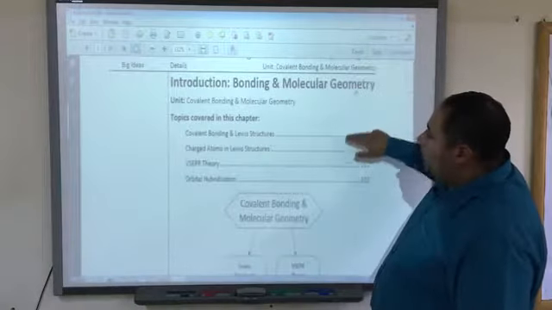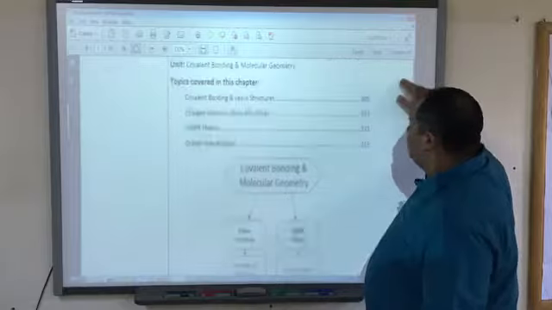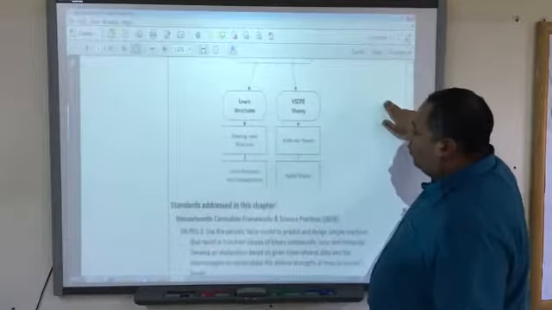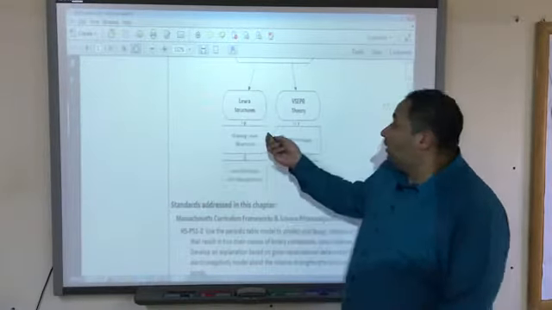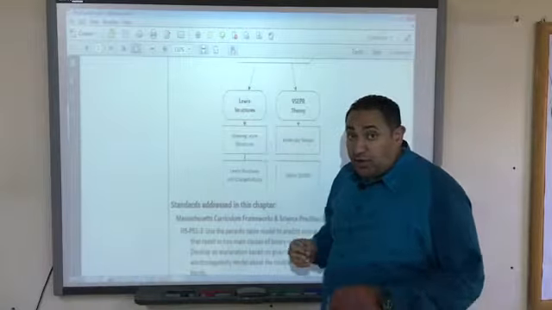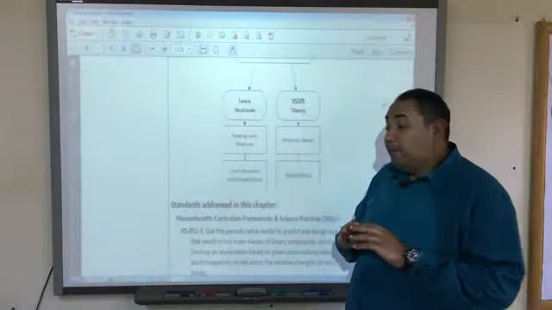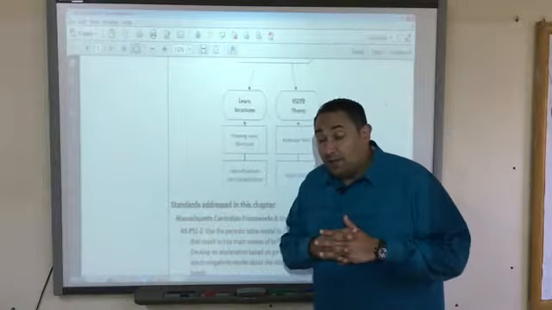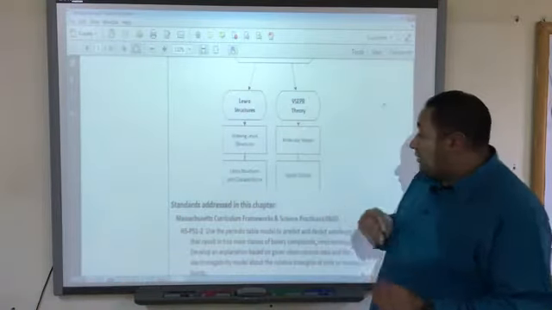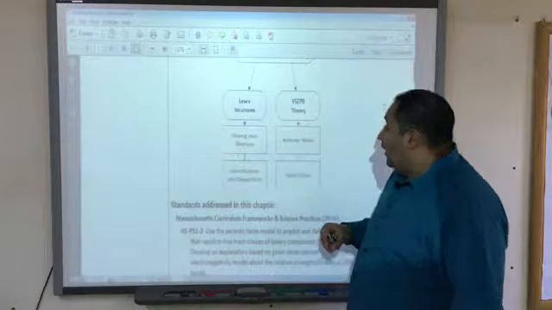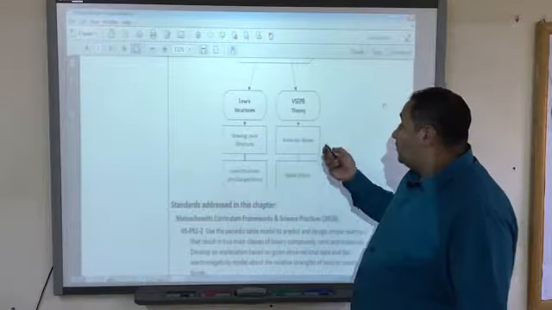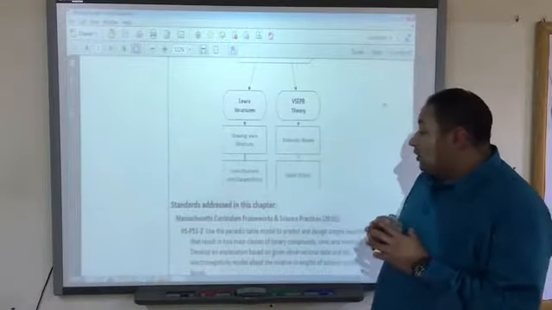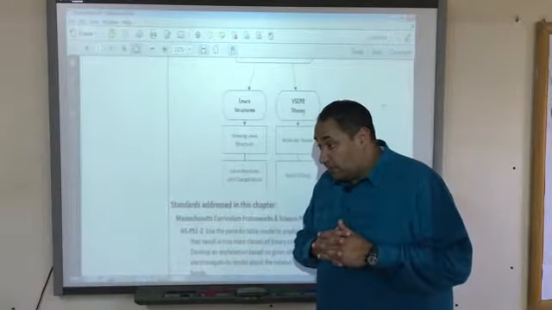Okay, so in this unit, we will focus on the following: Lewis structure, drawing diagrams for the combination of atoms together, and VSEPR theory, or the molecular shape, and the hybrid orbitals.